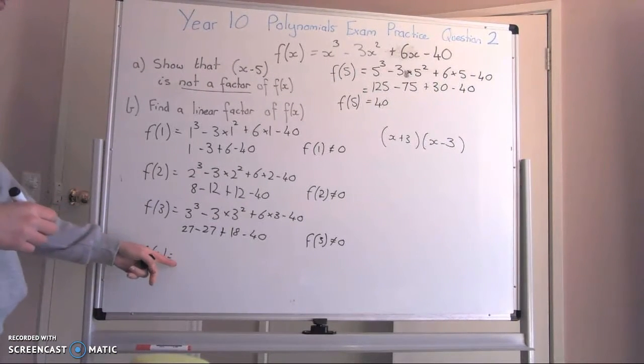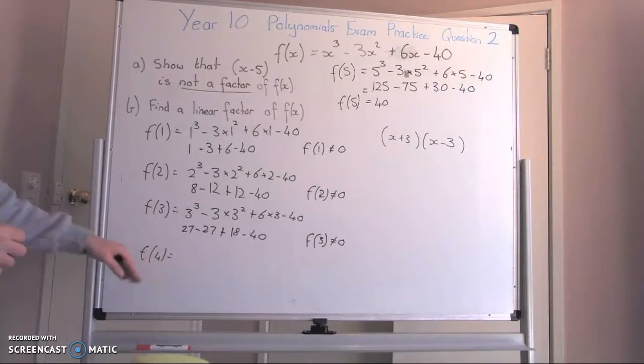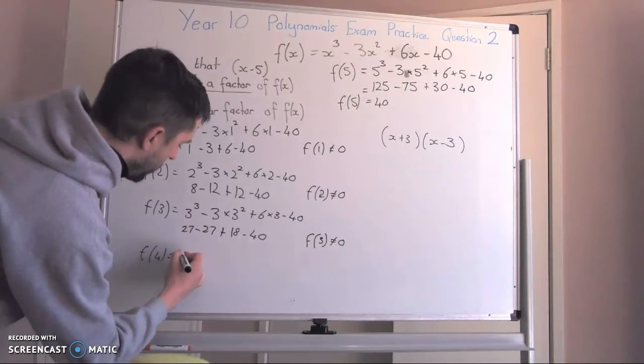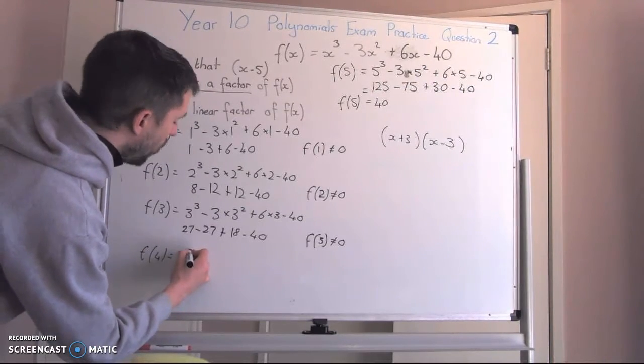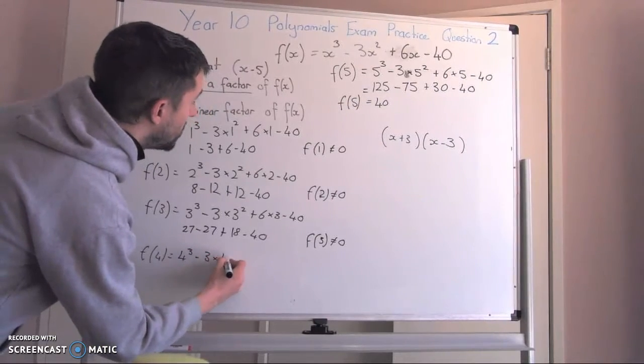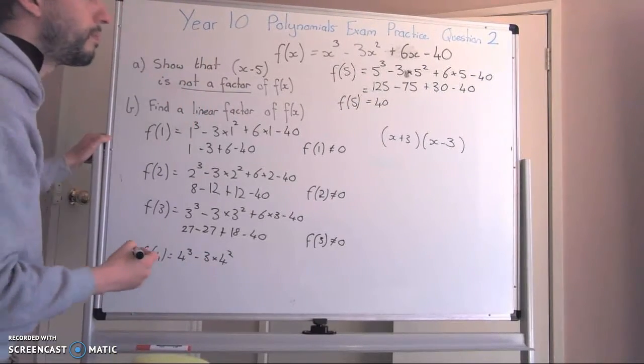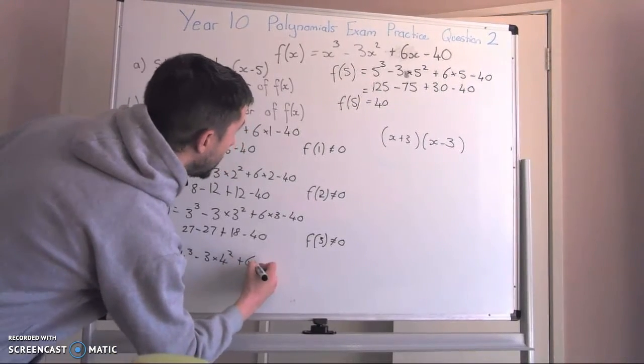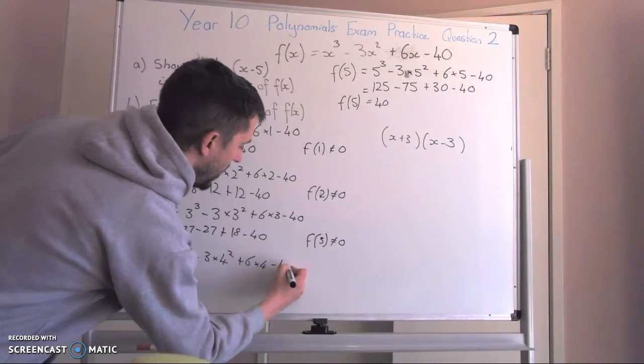Lastly, I will look at substituting 4 into my equation. So I've got 4 to the power of 3 minus 3 times 4 squared plus 6 times 4 minus 40.